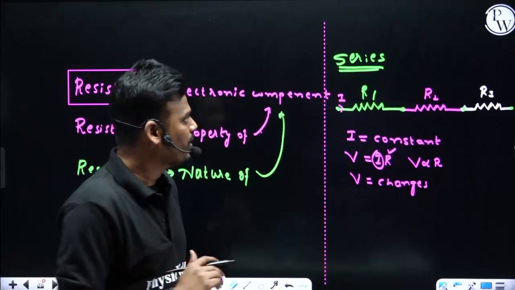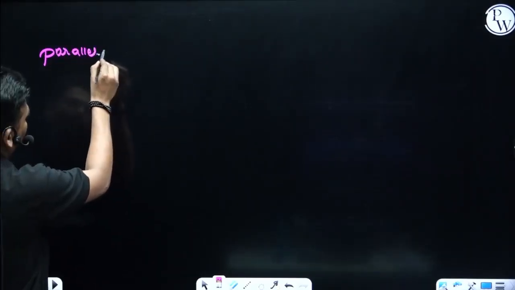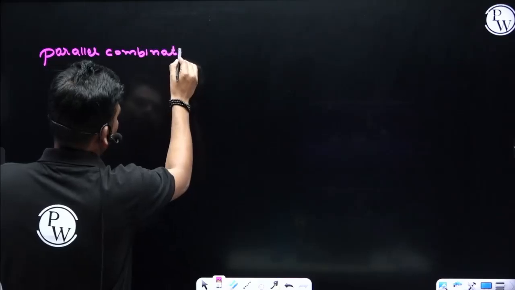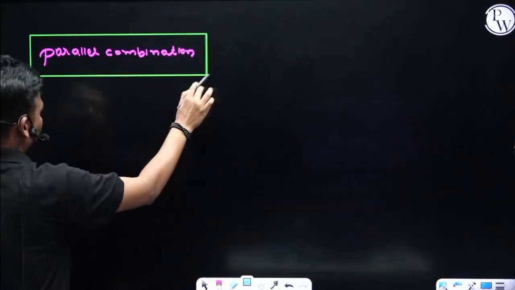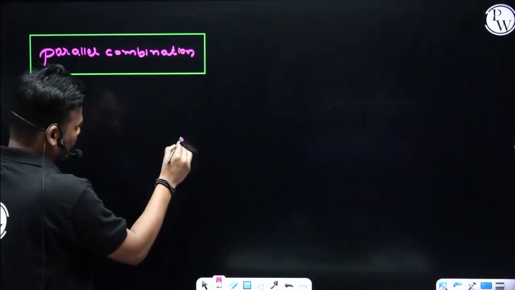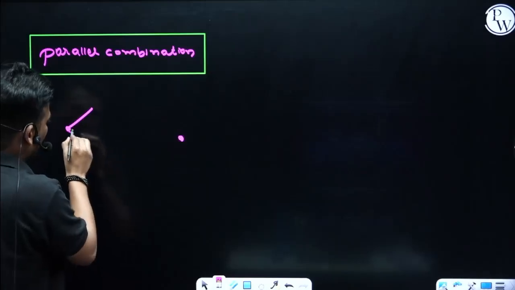Getting the point? Now, what about the parallel combination? So what is this parallel combination? Between 2 points, any number of resistors are connected.